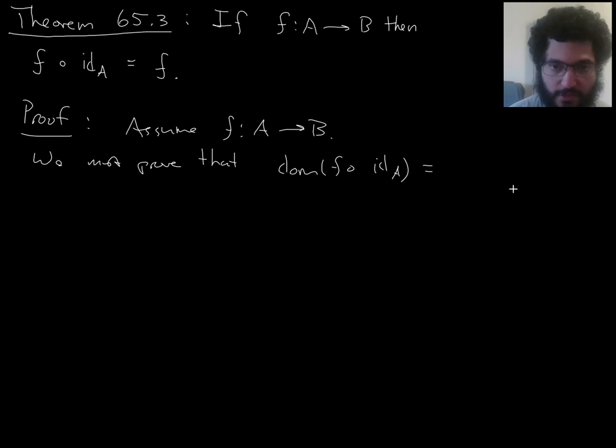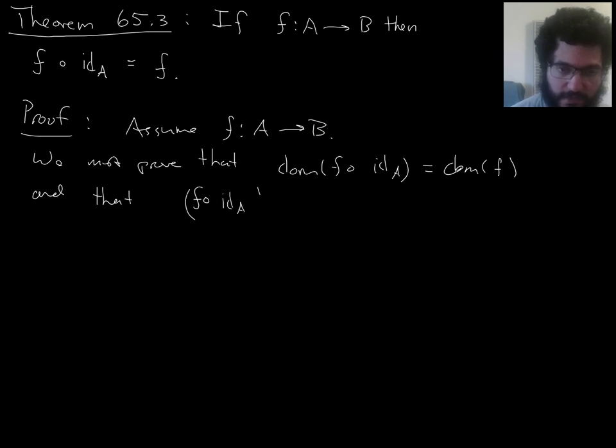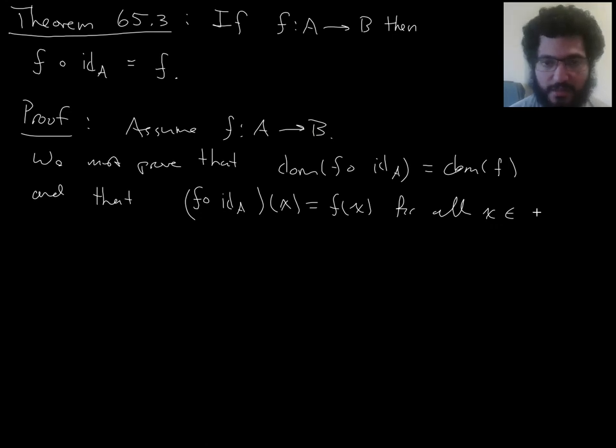This is the equality I'm trying to prove. And that f composed with id A of x equals f of x for all x in the common domain, whatever that is.